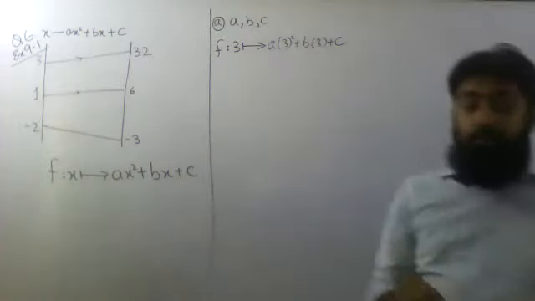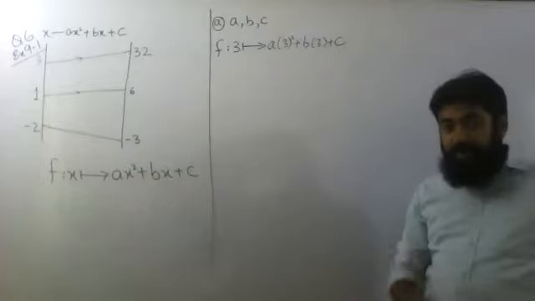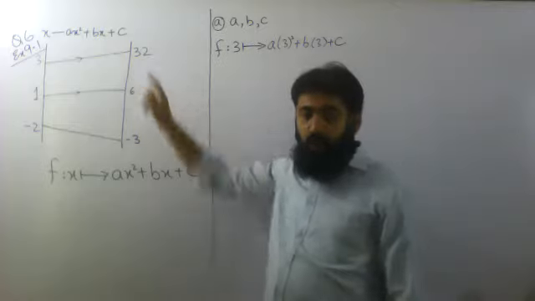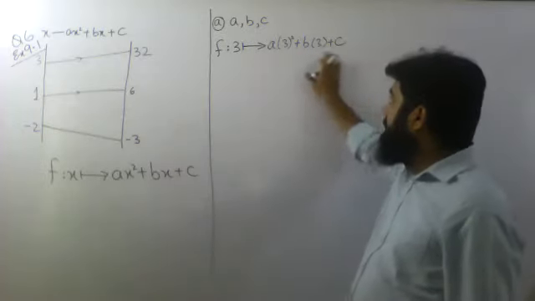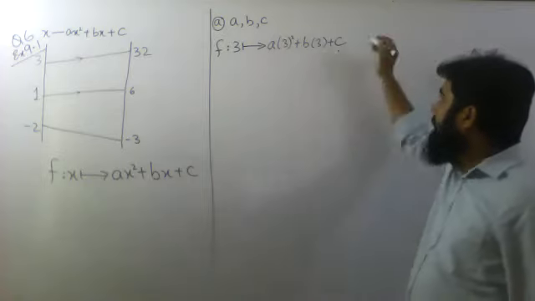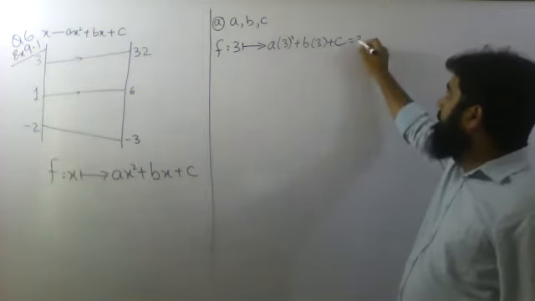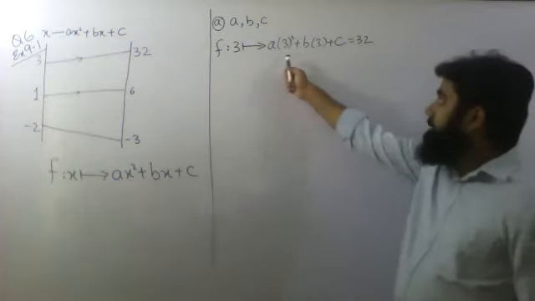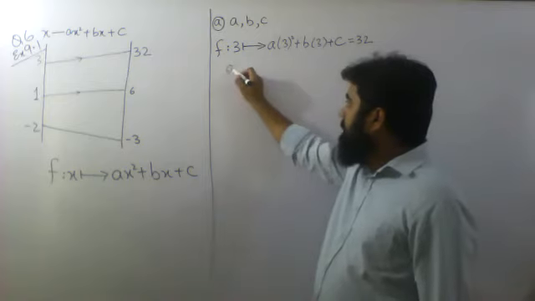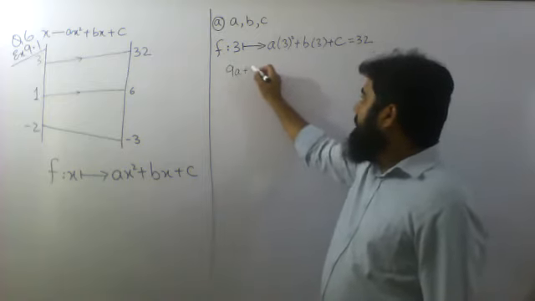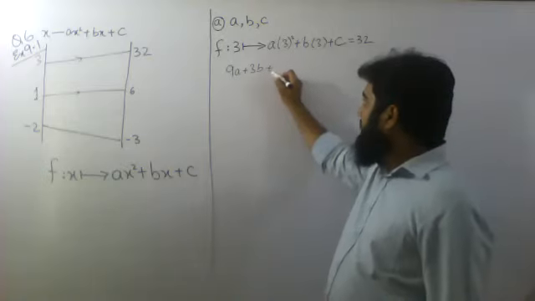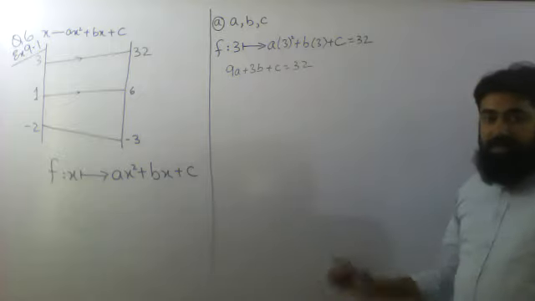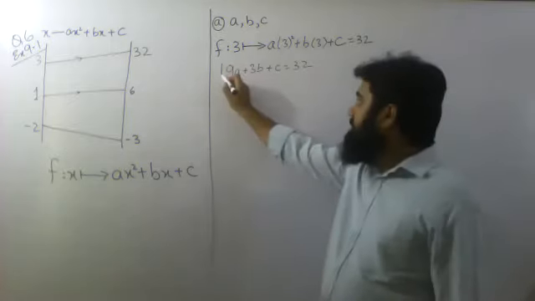Now they are saying when I replace all the x by 3, the result will be equal to 32. It means this function, which is replaced by 3, is equal to 32. Simplifying it a little bit, this will become 9a plus 3b plus c equals 32. I can't simplify it further, so I'm just leaving it like this.